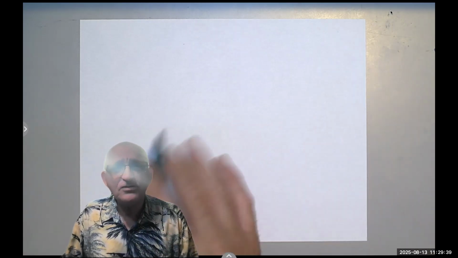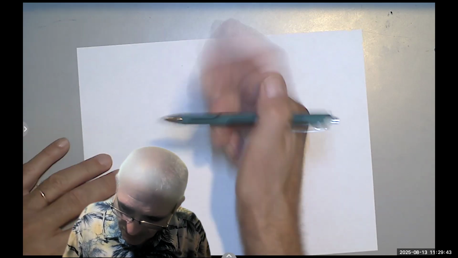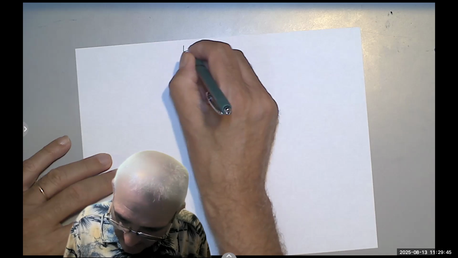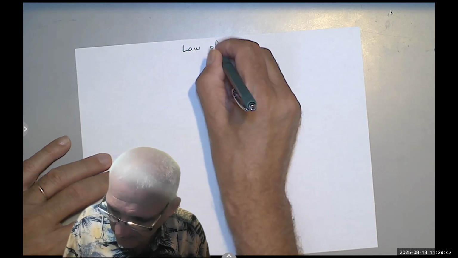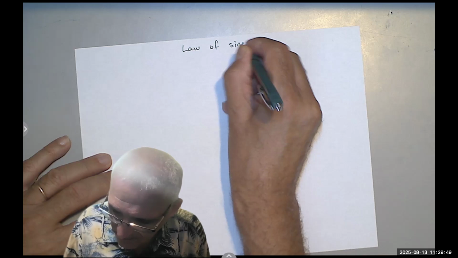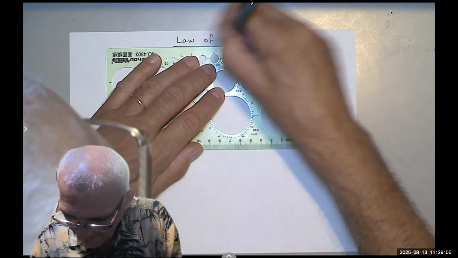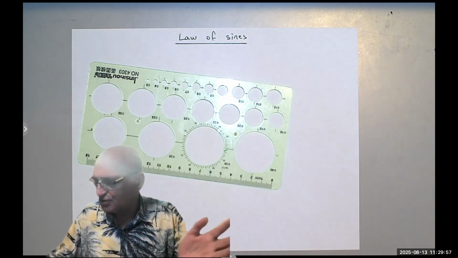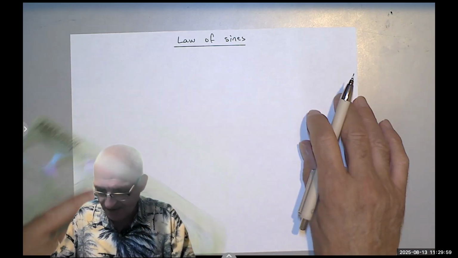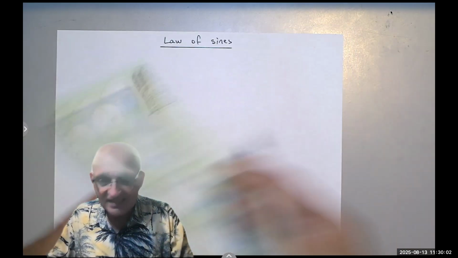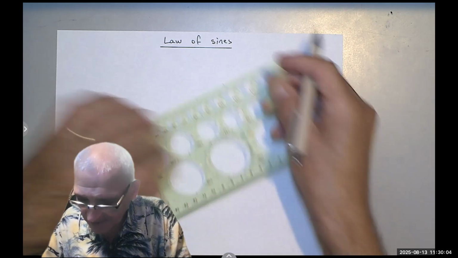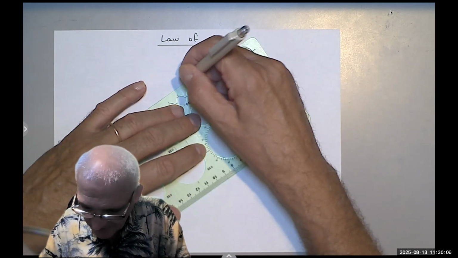So, two important laws help us figure that out. The first one is called the law of sines. This law says that if you have any triangle, acute, obtuse, right, scalene, anything, let's draw any triangle.